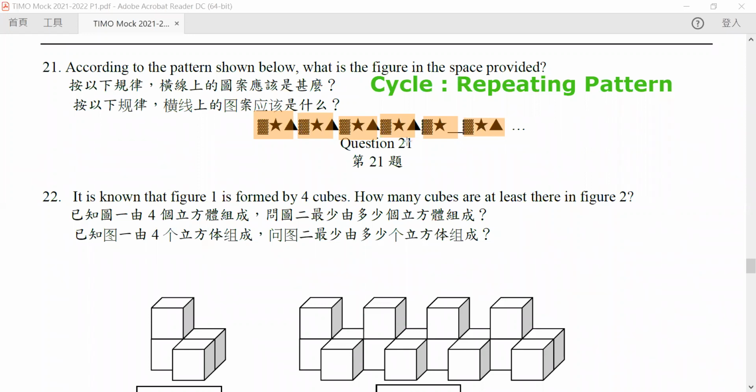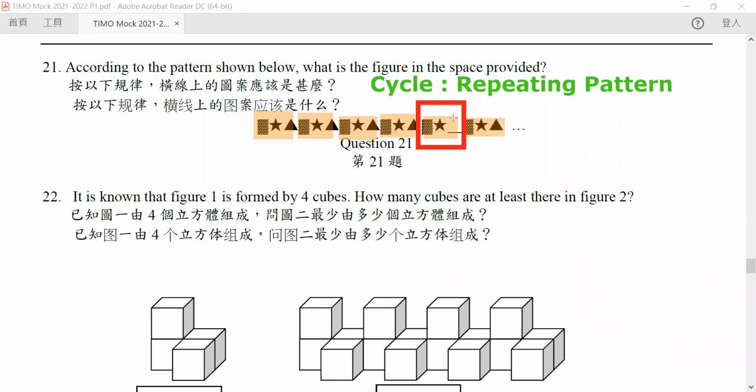According to the pattern shown below, you can see that we keep repeating the same pattern. It is always a rectangle first, and then a star, and then a triangle. So if we look into this particular instance of the pattern, it starts with a rectangle and then a star, and finally, it must end with a triangle.